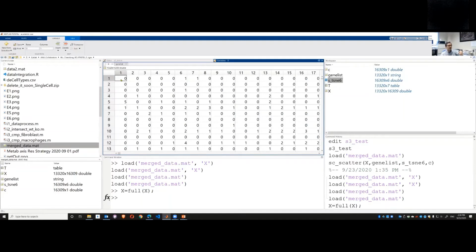So the first position here is the first gene, which has no expression in cell 1. It has one expression in cell 6. Then you can compare this profile between genes.